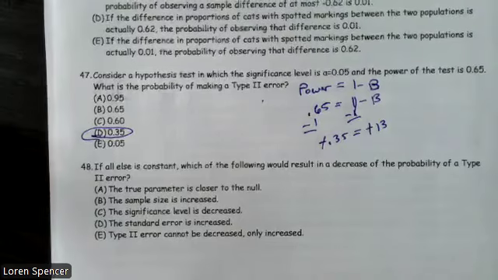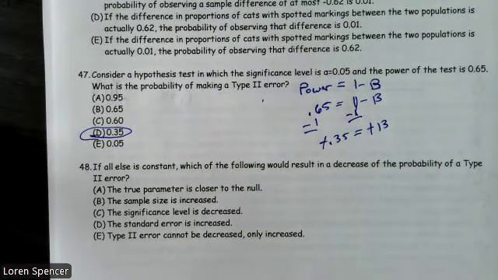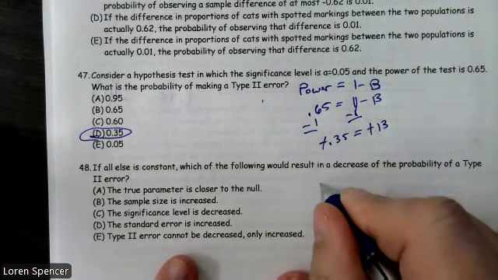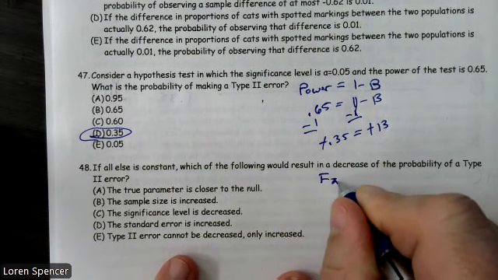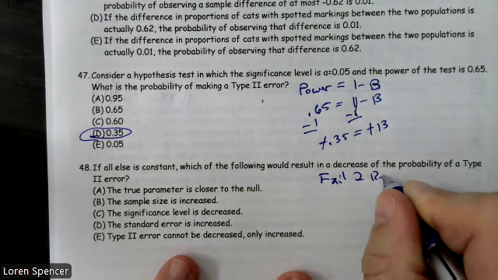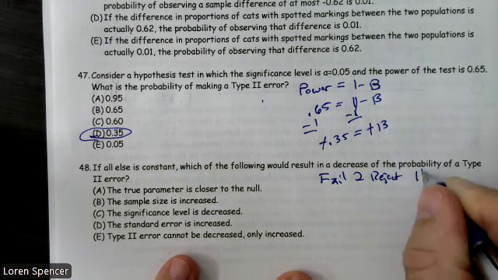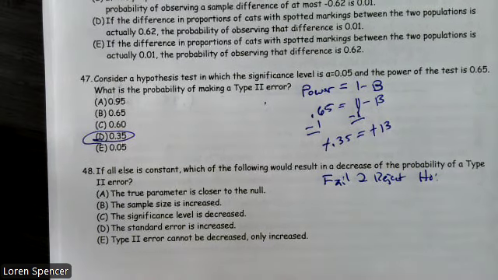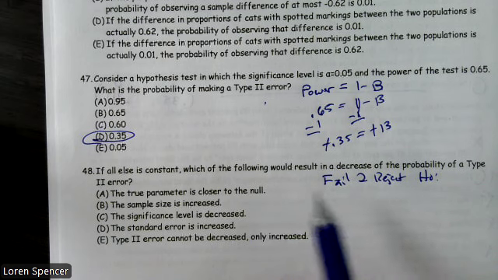48. If all else is constant, which of the following would result in a decrease of the probability of a type 2 error? So remember, type 2 is fail to reject H0. All right. So decrease the probability. The true parameter is closer to the null.